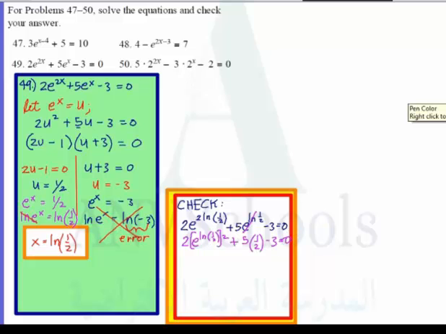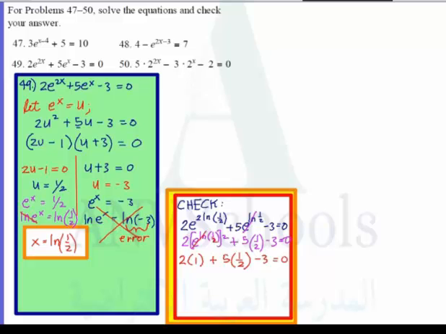Okay, so now we have 2 times, this one could cancel, so 2 times 1/2 times 2 is just equal to 1, so 2 times 1 plus 5 times 1/2 minus 3, is it equal to 0?